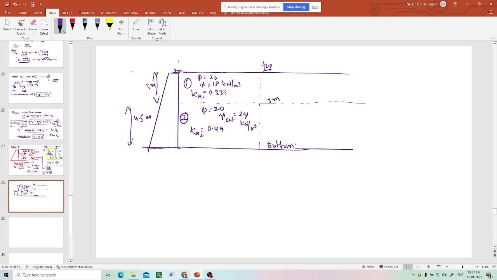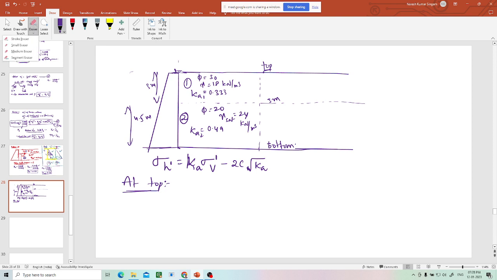At the top, we need to find sigma h dash, which is equal to Ka multiplied by sigma v dash, as it is active pressure, minus 2 c root Ka. This term will also come, but as it is cohesionless soil, because cohesion is not given, c is 0.